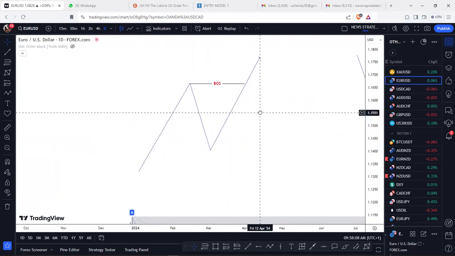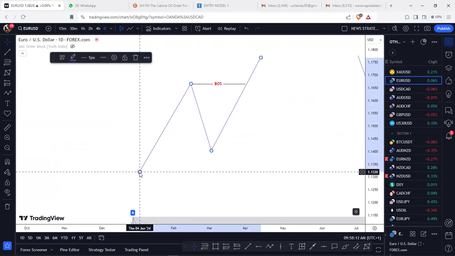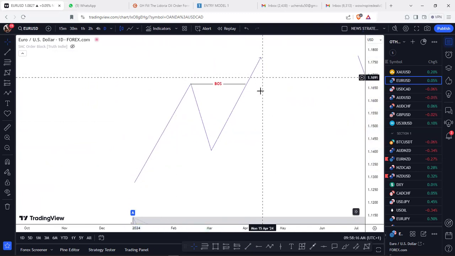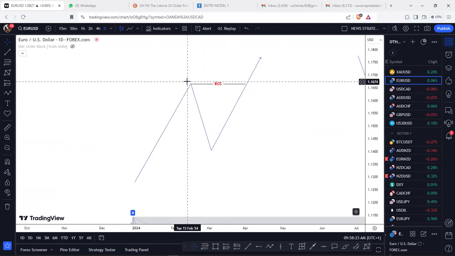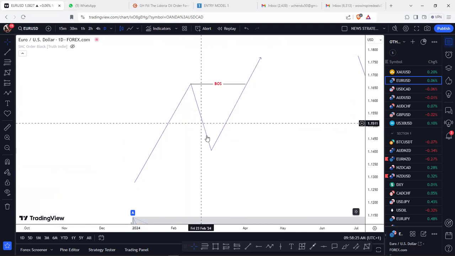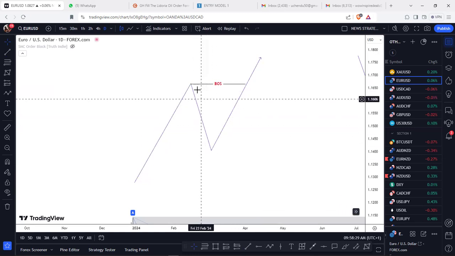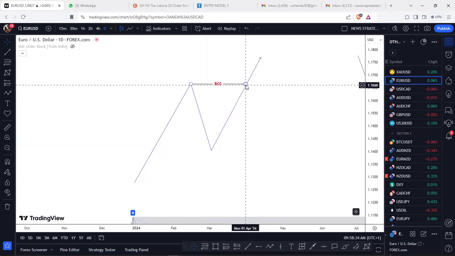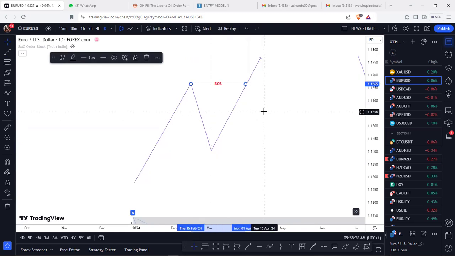There are two types of pullback. We have a shallow pullback, a deep pullback, and a complex pullback, but we're going to focus only on shallow pullback and deep pullback.